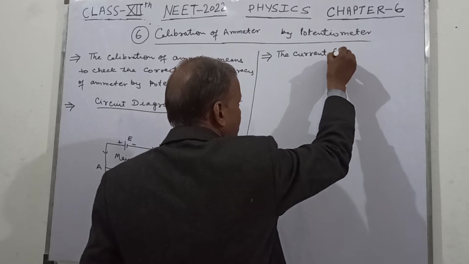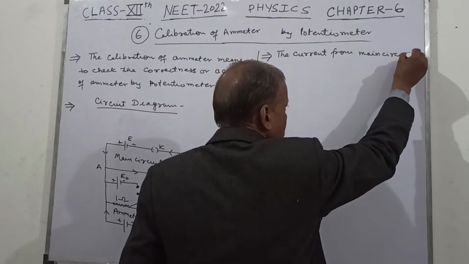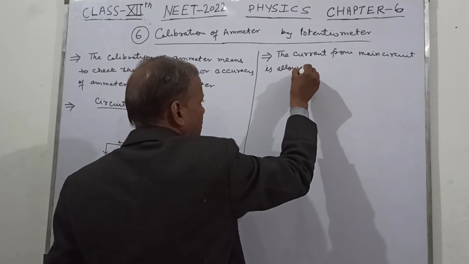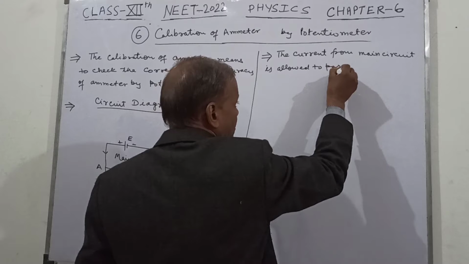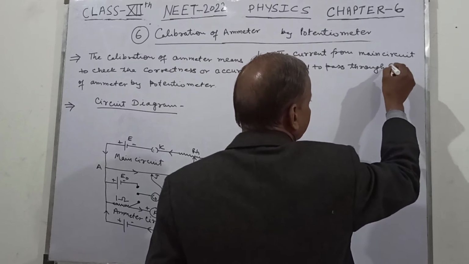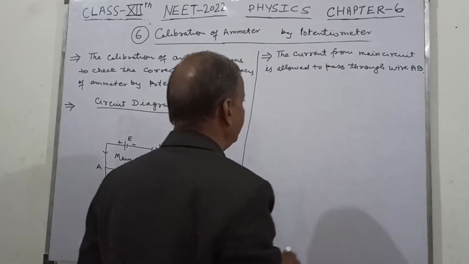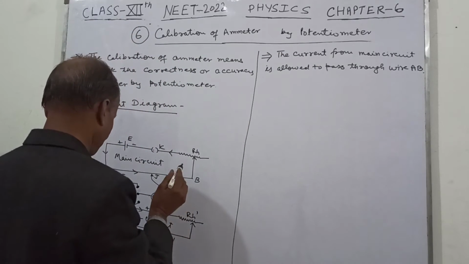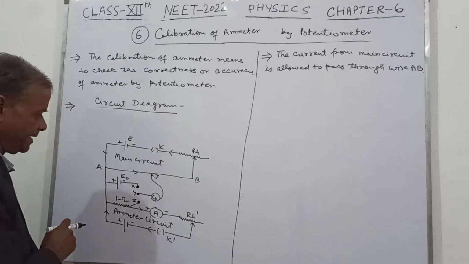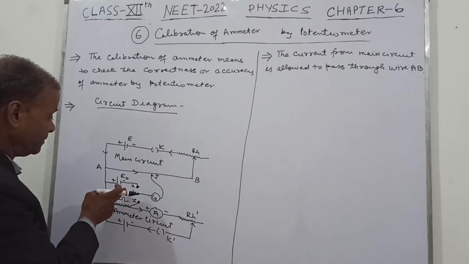The current from main circuit is allowed to pass through potentiometer by A. This is now two-way key, X, Y and Z. So first we connect X, Y so that this standard cell of known EMF is taken into the circuit.